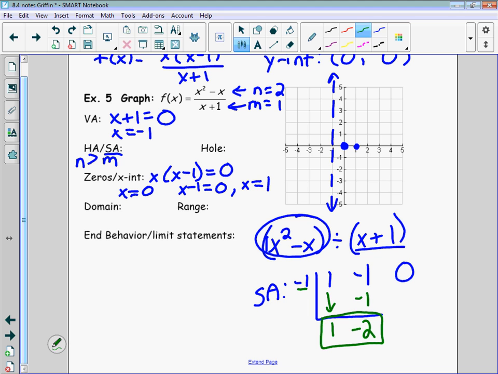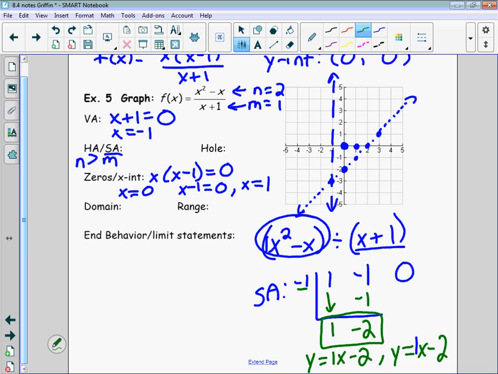The result is y equals 1x minus 2, or y equals x minus 2. So the y-intercept is -2 and the slope is 1. That would be up 1, right 1, up 1, right 1, up 1, right 1, and that gives us enough points to plot the slant asymptote.